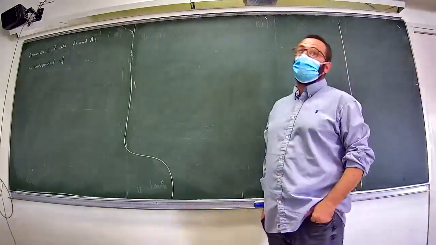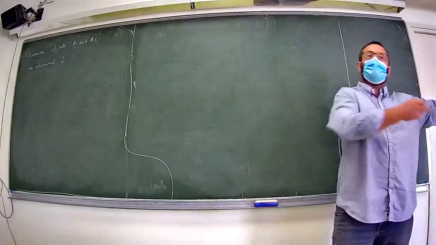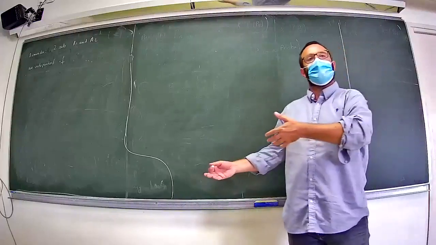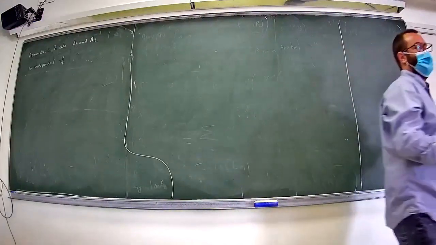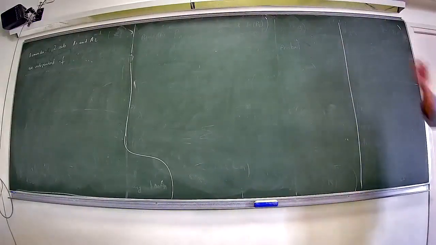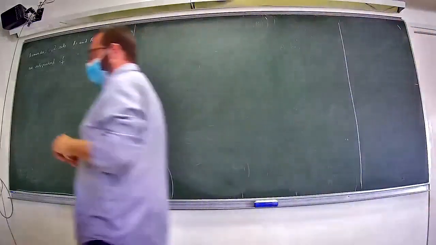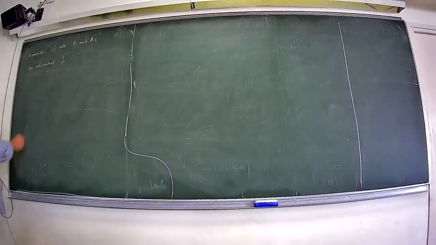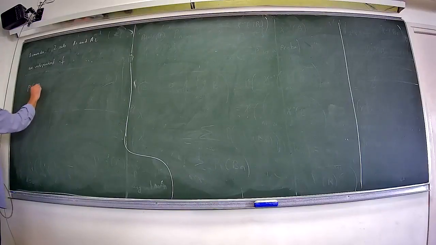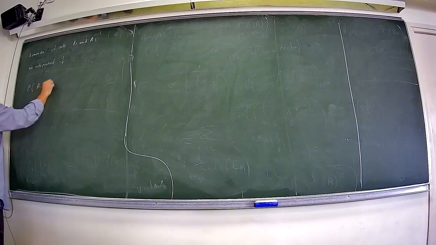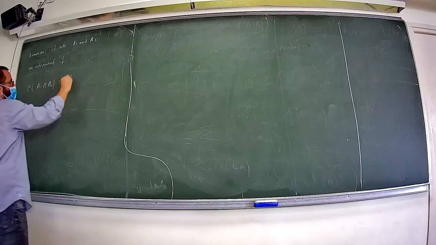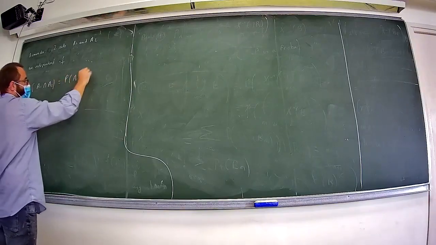No. But if I have pairwise disjoint, it's to be pairwise disjoint. Independent is to be independent. Pairwise disjoint means that the intersection is empty. Here I have only two. So pairwise disjoint means they have an intersection equal to the empty set, but independence is that the probability of the intersection is equal to the product of the probabilities.